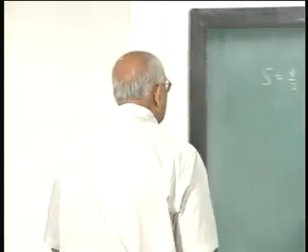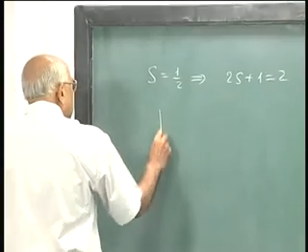And physically, the first example that we have of a 2-dimensional linear vector space is the spin of the electron, the spin states of the electron, which are described by the two ket vectors, as I pointed out.